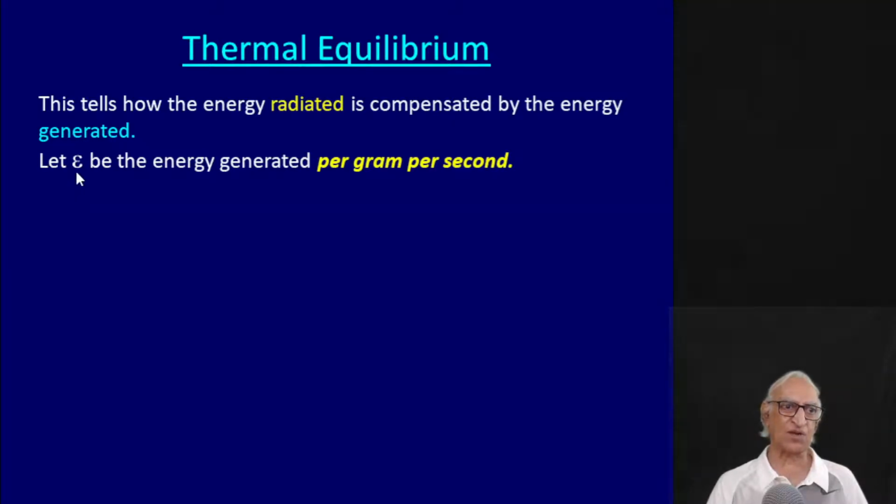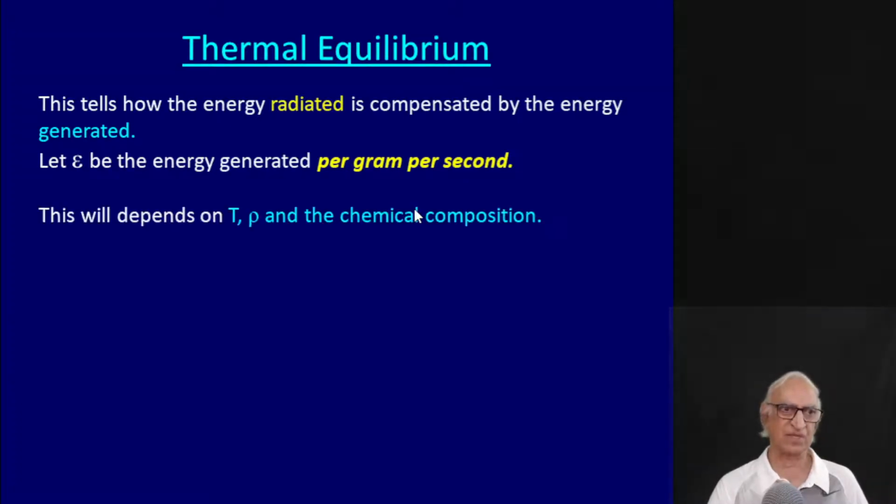Now let epsilon be the energy generated per gram of material per second. So epsilon is energy generated per gram per second. Now, what will epsilon depend upon? Clearly, epsilon will depend upon the temperature, the density, and the chemical composition, whether it's hydrogen or helium or carbon or oxygen.